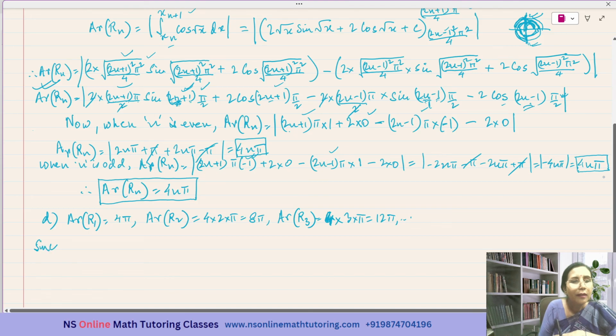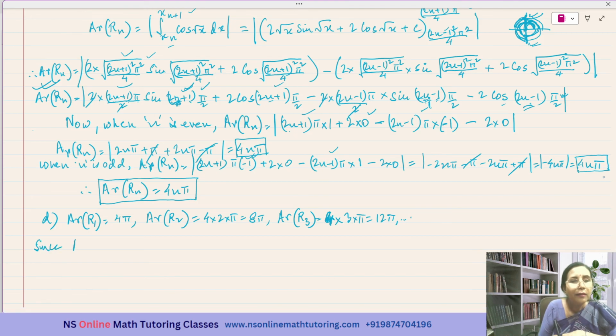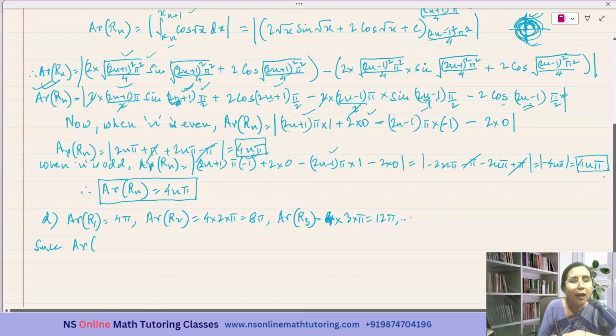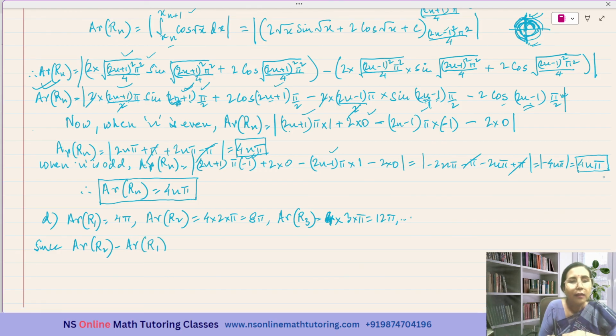So therefore, since area of R2 minus area of R1 is equal to 8π minus 4π, equal to 4π, which is equal to 12π minus 8π, which is area of R3 minus area of R2.